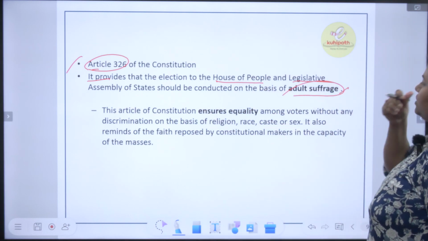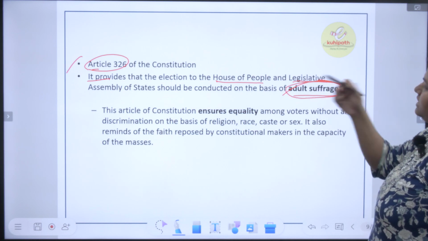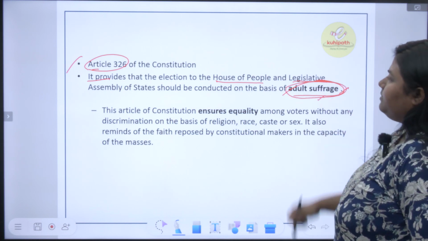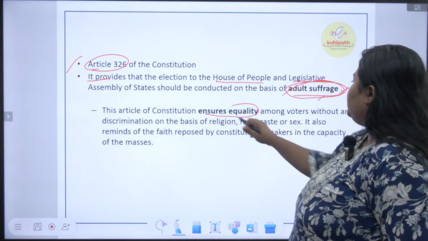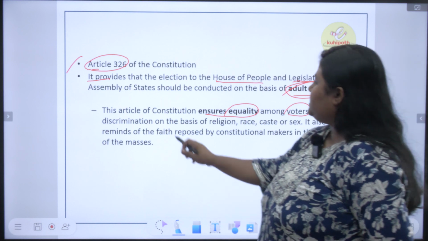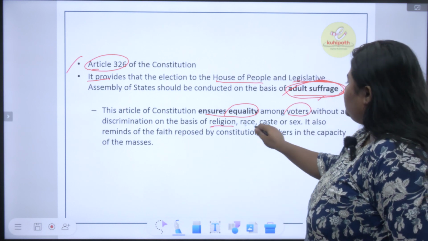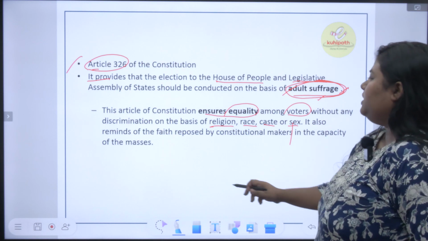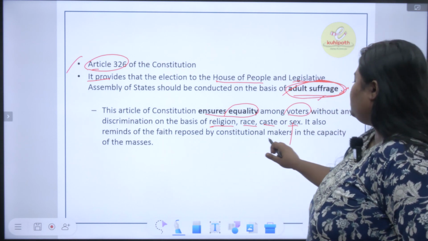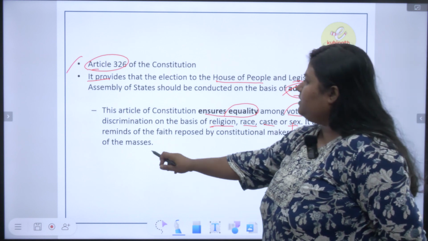Fine. Adult suffrage, we had an article on adult suffrage, right? So we have said about this only. The article of the Constitution ensures equality among voters without any discrimination on the basis of religion, race, caste or sex. We talked about this, right? It also reminds of the faith reposed by the constitutional makers in the capacity of the masses. Fine.